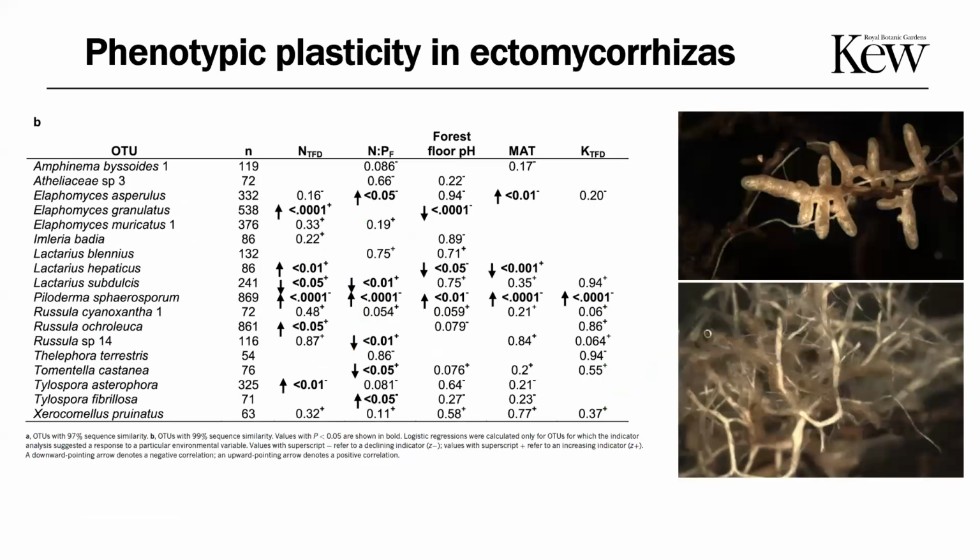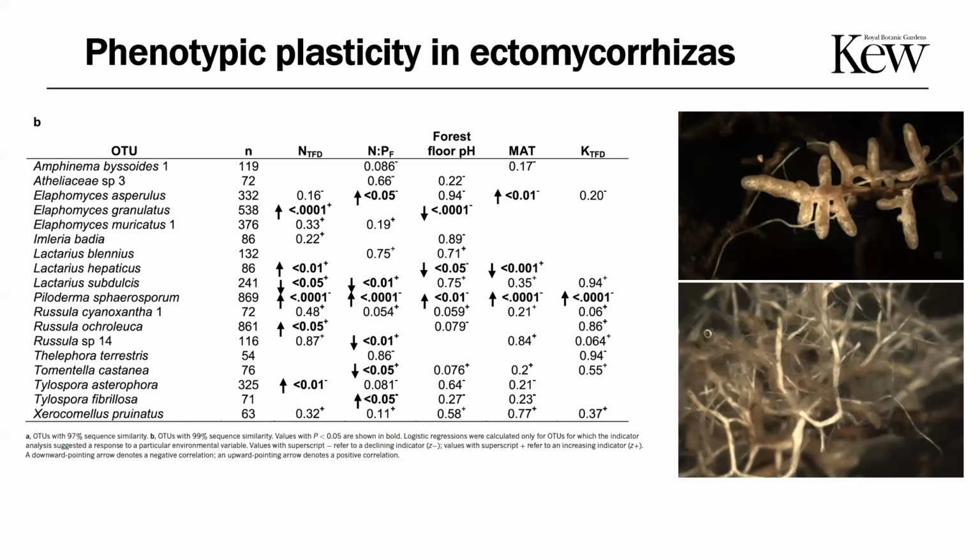What we found that was quite interesting is that I told you before that we record functional traits: how far the fungi get from the root, whether they can form hyphae or cords, and also whether they can take up different forms of nitrogen. We find that fungi are able to produce more or less hyphae, or more or less rhizomorphs, depending on the environment.